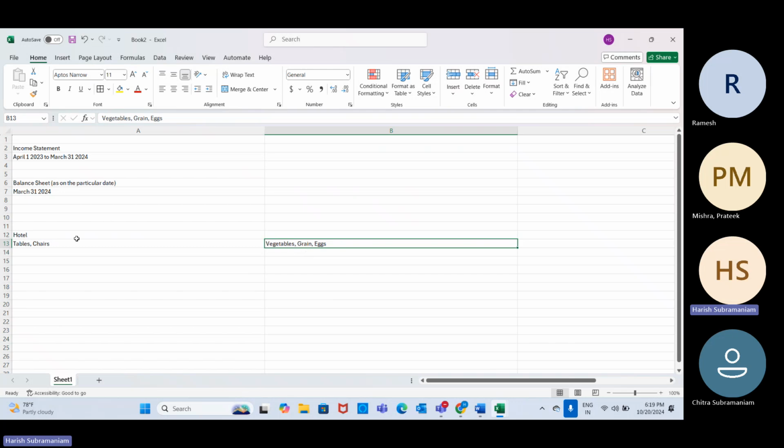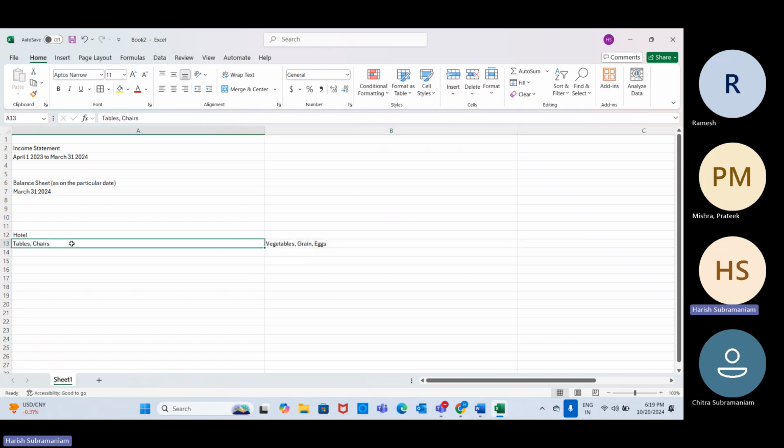Now the hotel cannot typically sell its table and chair and immediately say, hey, I will convert this to cash and then I will run the hotel. That doesn't work. So these are the non-current long-term assets, typically the tables, chairs, etc.